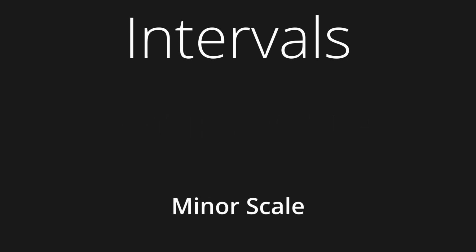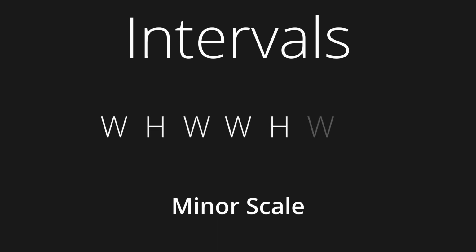The intervals for a minor scale are a whole step, half step, whole step, whole step, half step, whole step, and whole step. Repeating the previous process, we then get the intervals of the minor scale.